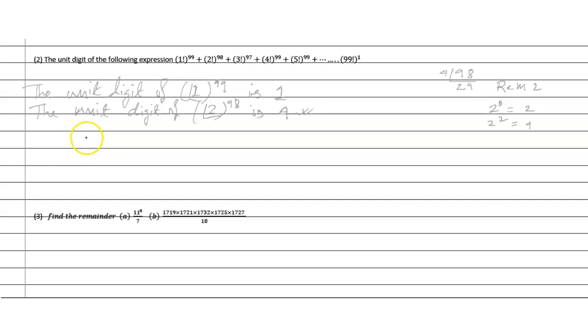Another problem is the unit digit of 3 factorial to the power 97. So friends, 97 divided by 4 is 24, and remainder is 1.